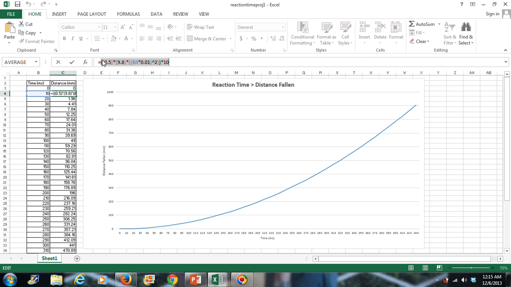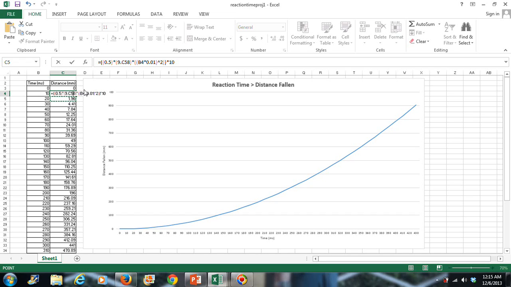So distance is going to equal 1/2 times the acceleration due to gravity times the time, which is multiplied by 0.01 in order to keep the correct units, squared, and that will give us the distance. And then to keep the correct units, we multiply that by 10 to keep this in terms of millimeters.